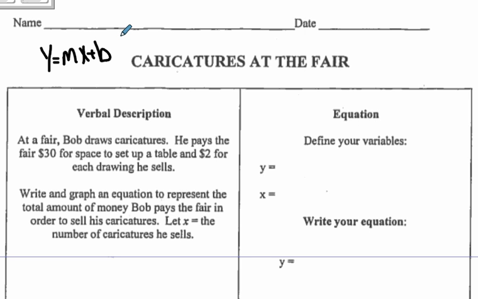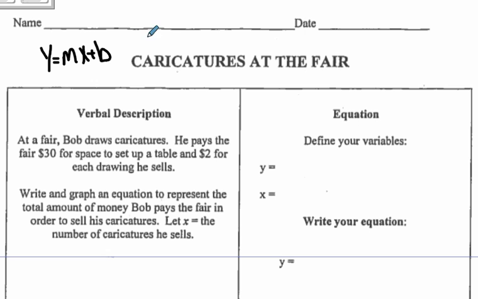So his fee that he has to pay the fair is going to be dependent upon how many drawings he actually sells that day. So the instructions here say, write and graph an equation to represent the total amount of money Bob pays the fair in order to sell his caricatures. Let x equal the number of caricatures he sells.